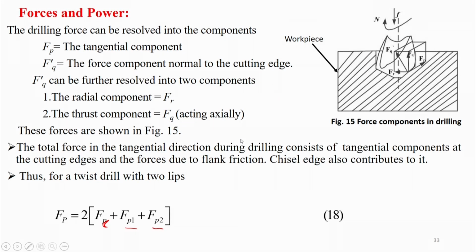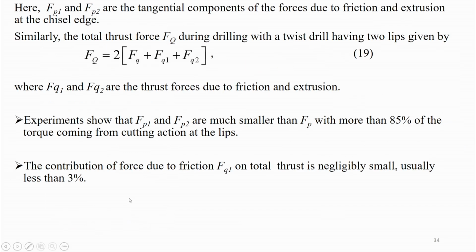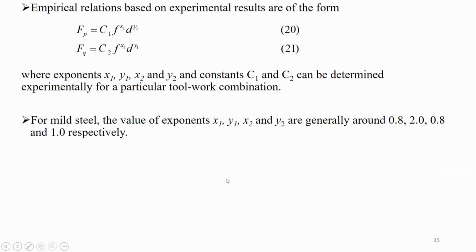This is the cutting component, and Fp1 and Fp2 are friction and extrusion. So, the contribution of Fp is more than 85%, and the contribution of force due to friction and extrusion to total thrust is negligibly small, usually less than 3%.